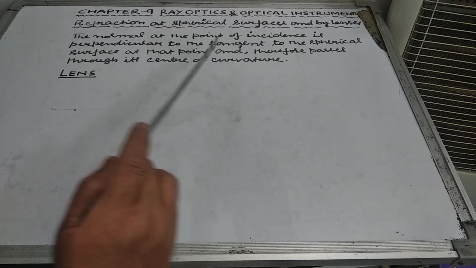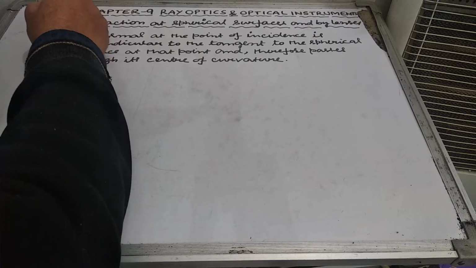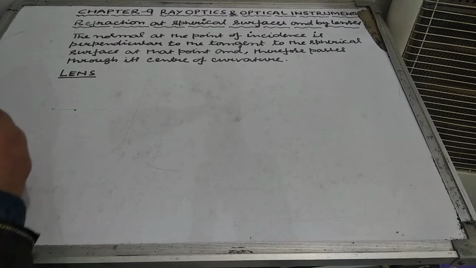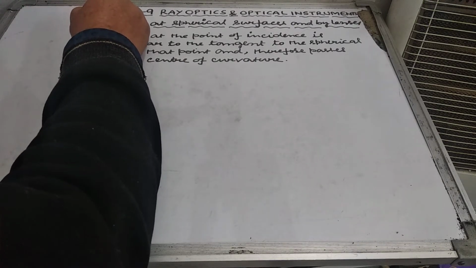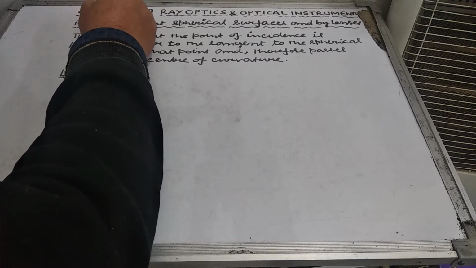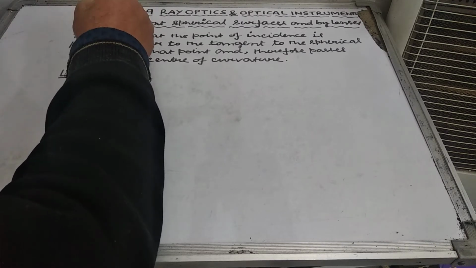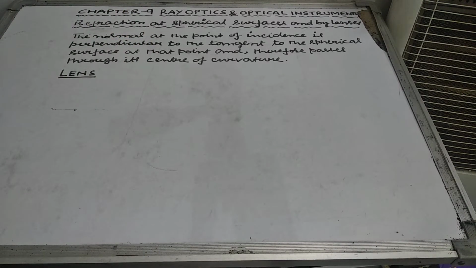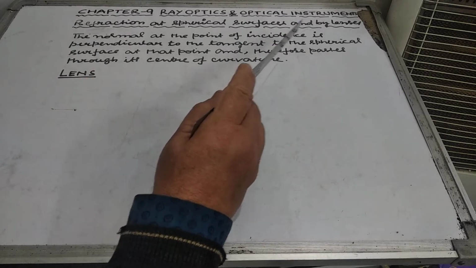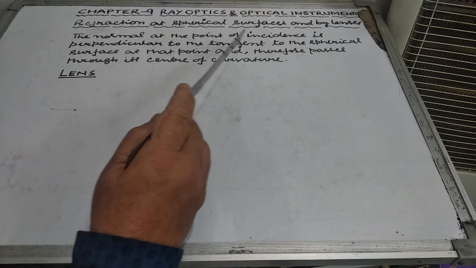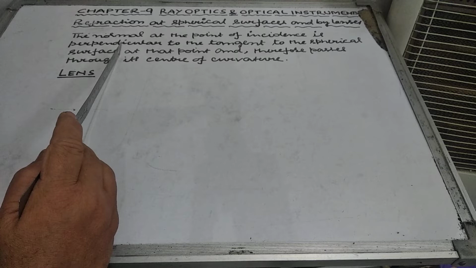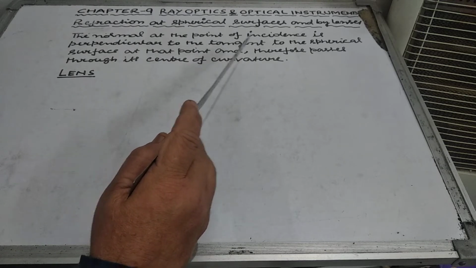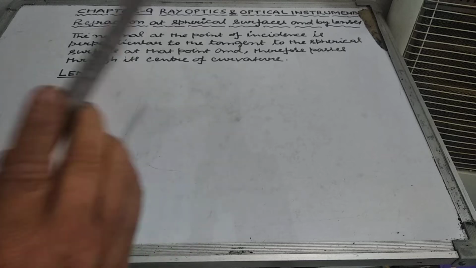A very important thing to note is that the normal at the point of incidence is perpendicular to the tangent to the spherical surface at that point and therefore passes through its center of curvature.